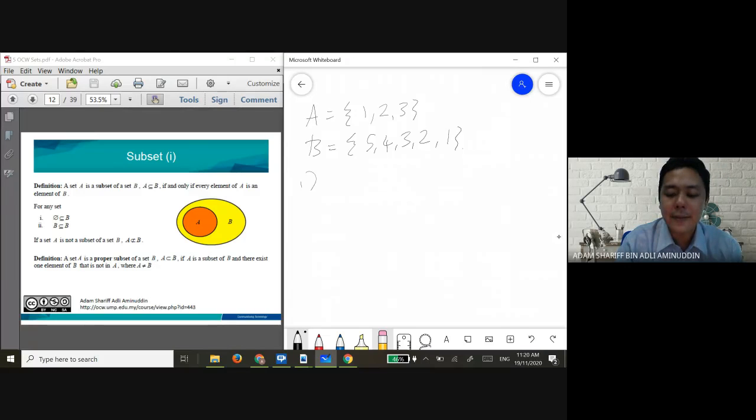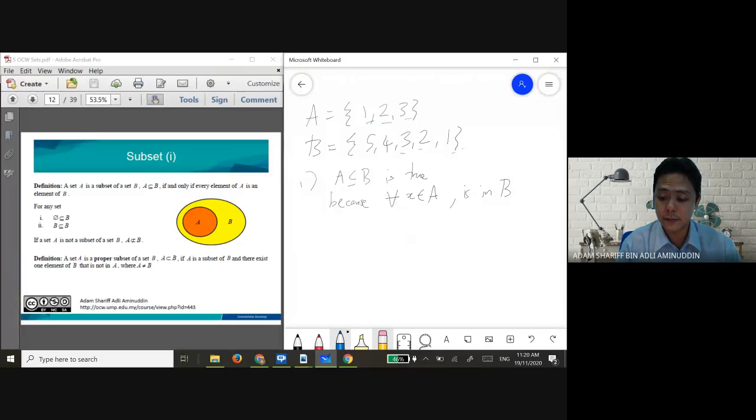Is A a subset of B? The answer is true, because all elements in A are in B. The keyword here is all. You must check that 1 is here, 2 is here, 3 is here, not the other way around.